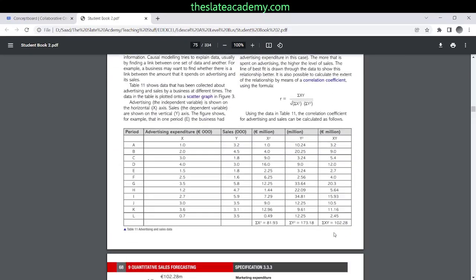Another thing that we have got over here is the standard deviation. Standard deviation is how much the values are deviating from the mean value. In fact, we're not using standard deviation over here. We are trying to calculate the correlation.